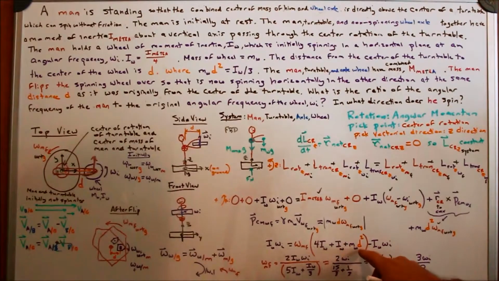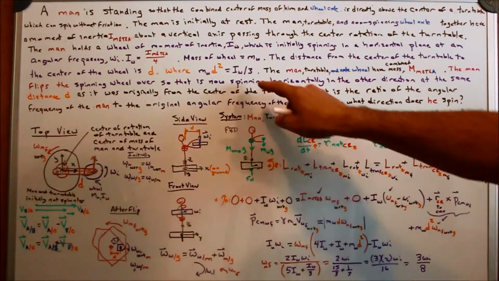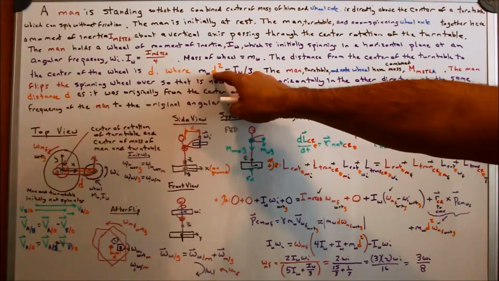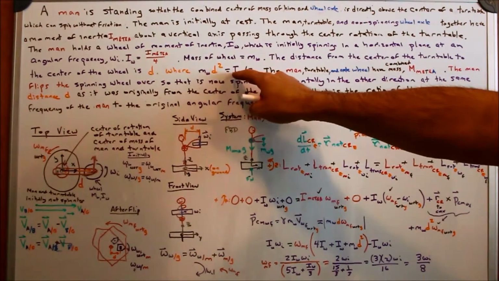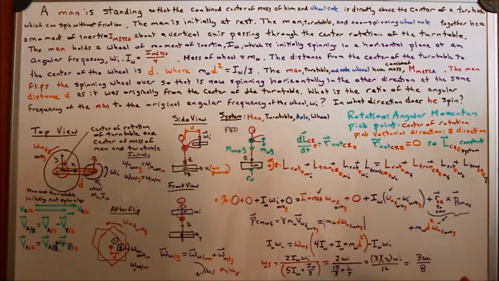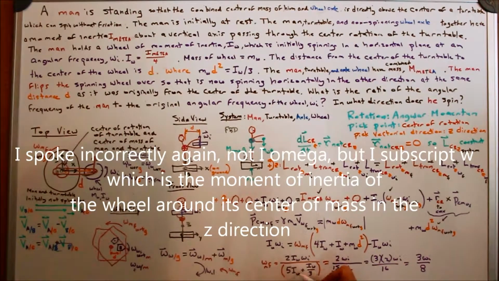So these two combined here become 5. I was told up here that my distance is such that the mass of the wheel times d squared equals 1/3 of the moment of inertia of the wheel. So I can replace this with 1/3. And you can see that each term has I omega, so you can cross those out.